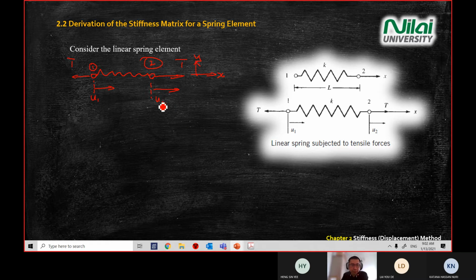Let's say you know that the displacement of point 2 will be 3 meter. Then you are going to solve for the displacement at point number 1.